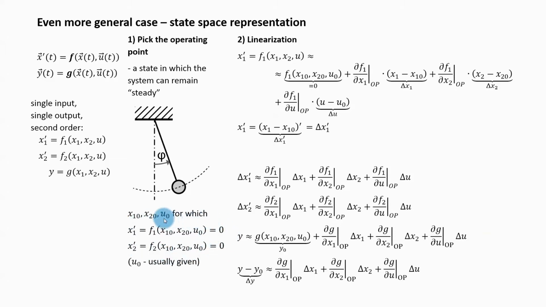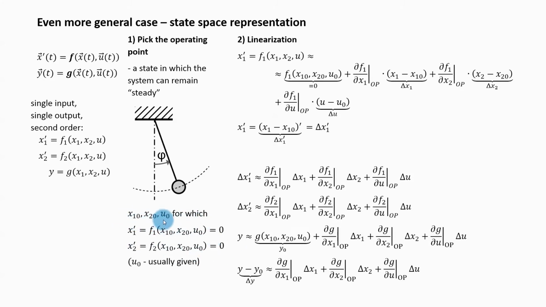The part of the operating point given by the DC bias at the input, that is this U0, is typically set by the designer. It is typically given. So to find a suitable operating point, I need to find only these two remaining coordinates by solving these nonlinear equations.